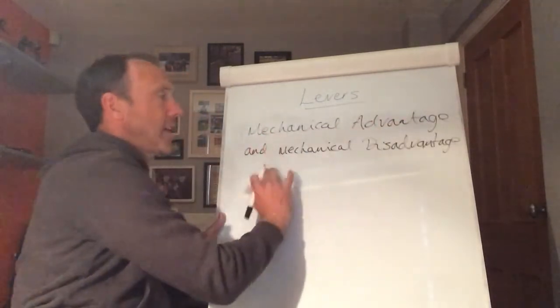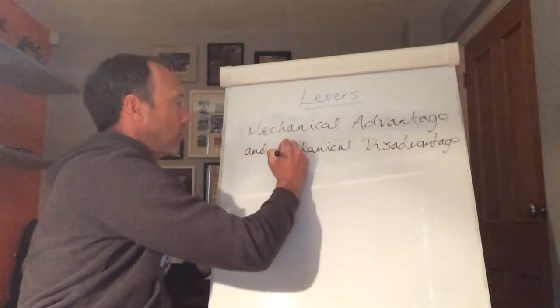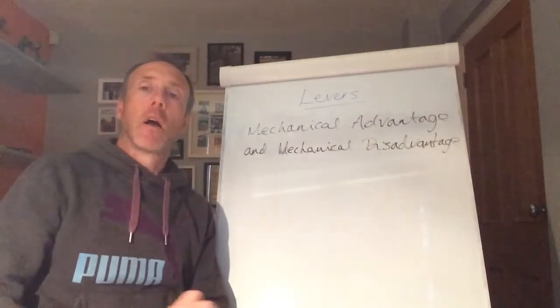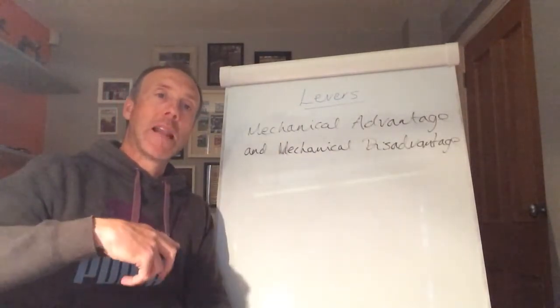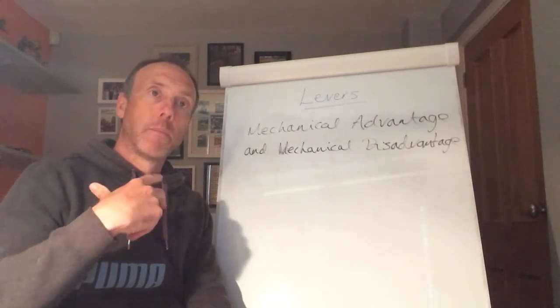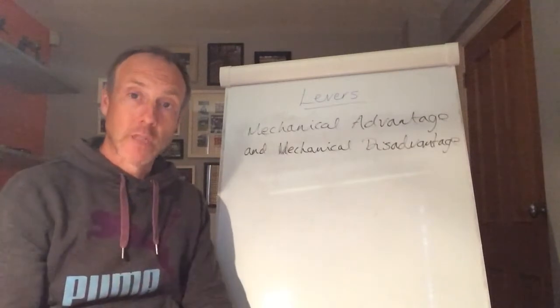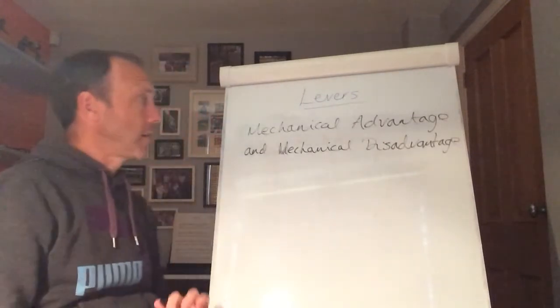Because each of these levers, sorry, that doesn't look like a capital N, but it should be. Each lever has a property that enables it to be seen as having a mechanical advantage, or it may have a mechanical disadvantage. All right, so these are really important.